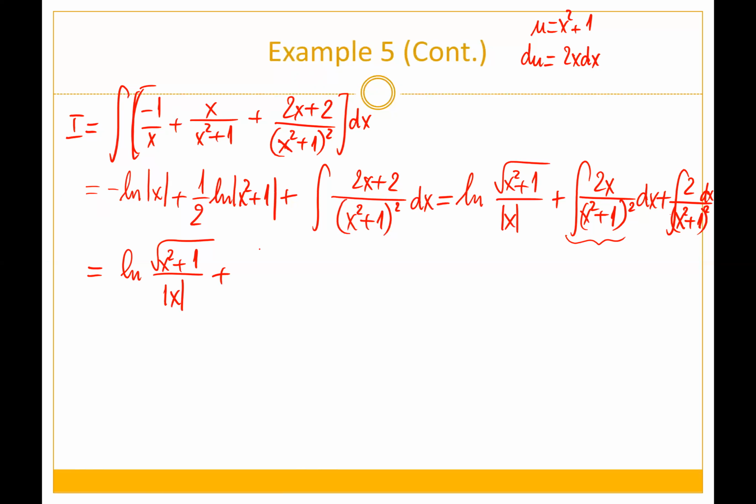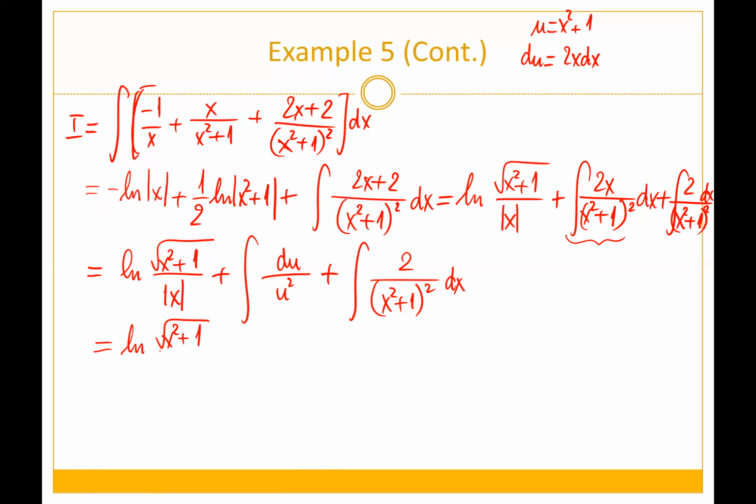Now if you put this out, you've got du over u squared, plus 2 over x squared plus 1 squared. Now this one is where we're going to use trig substitution. So this one is ln square root of x squared plus 1 over absolute value of x plus negative 1 over u plus. Now this part is where you trig sub.